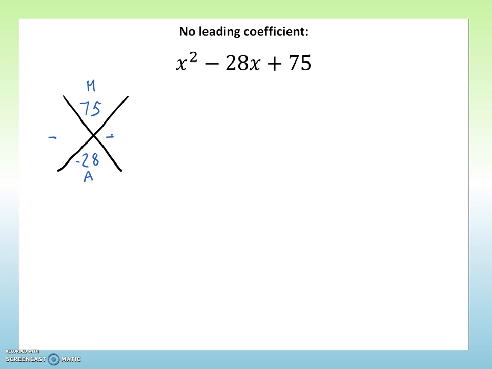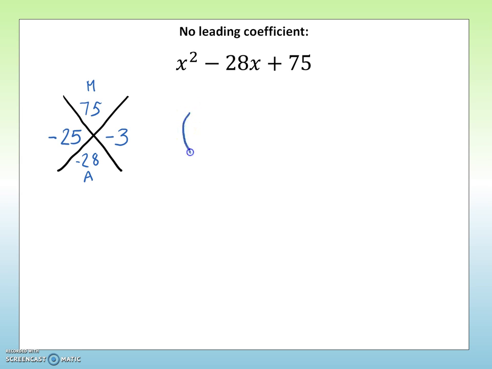In this case, negative 25 times negative 3 equals positive 75. But then adding them together, negative 25 minus 3 is negative 28. So we found our numbers that work.